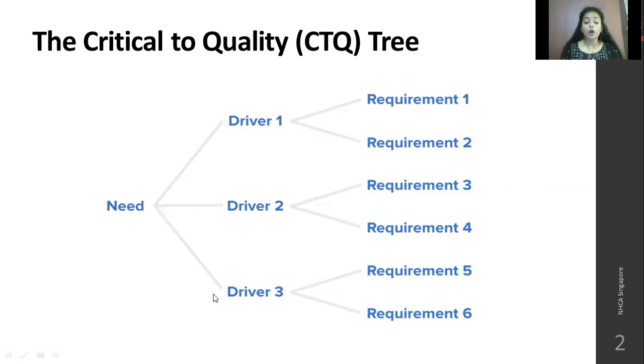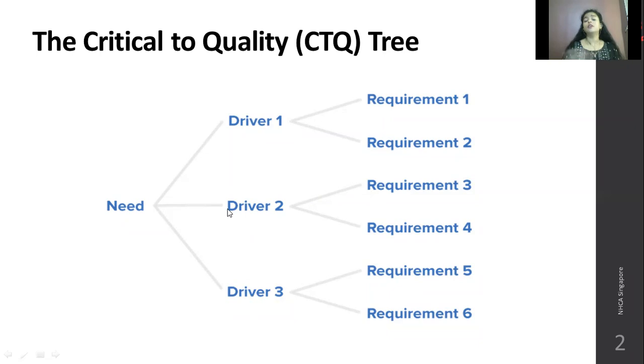Now, the drivers: what are the drivers that led to quick consultation? Maybe the patient was waiting for a long time. Waiting time was one of the drivers that brought us to this need. Crowding: as a management we saw that the waiting area is full of patients, there is no place to walk.